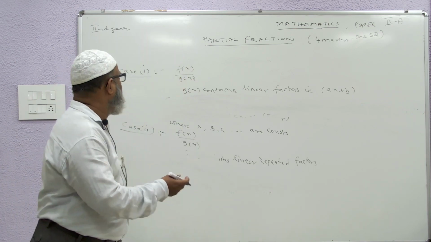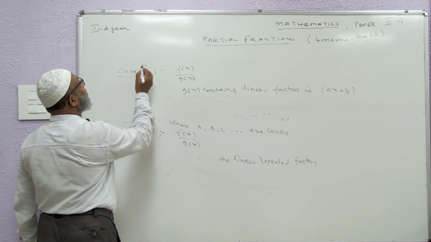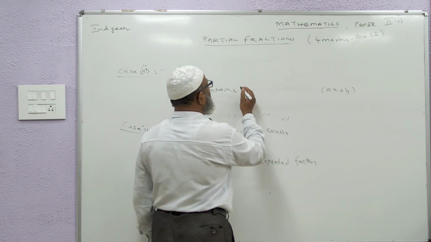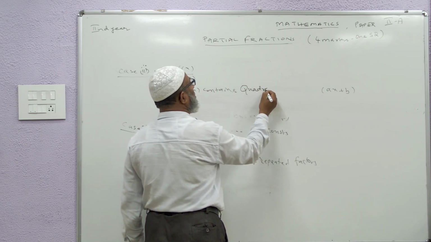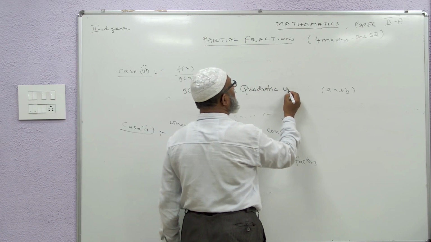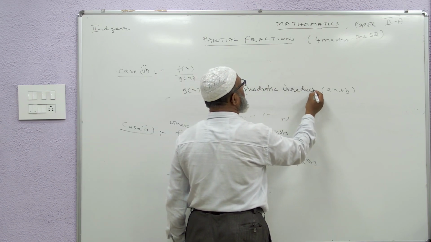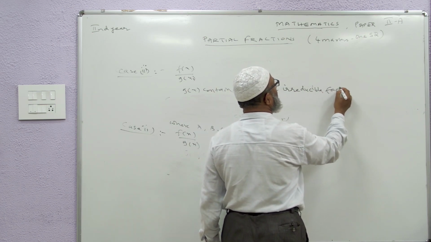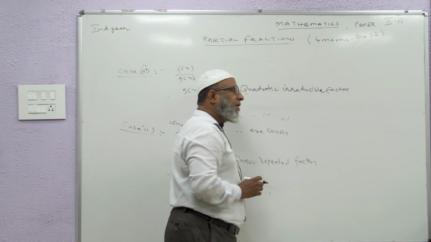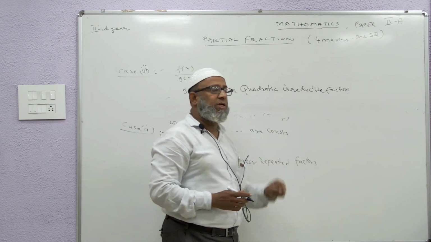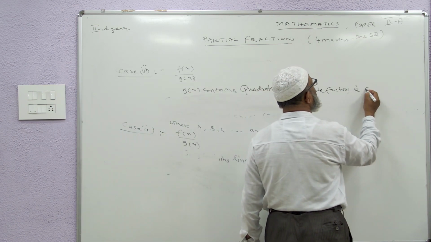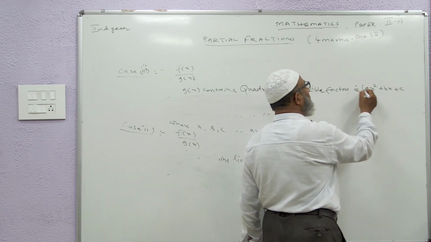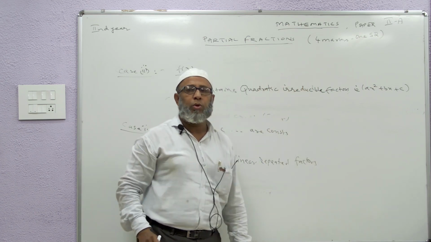Now, when I come to case number 3, that is g of x contains quadratic irreducible factors. What is a quadratic factor? It is of the form ax square plus bx plus c, which cannot be split into linear ones.